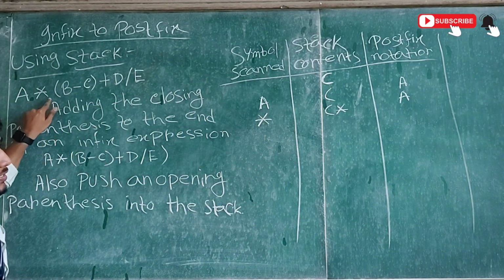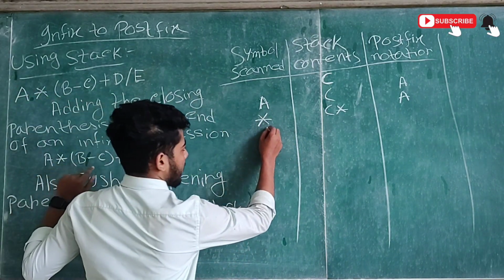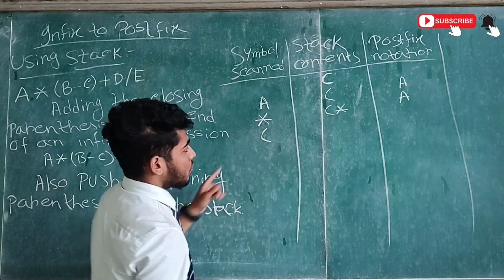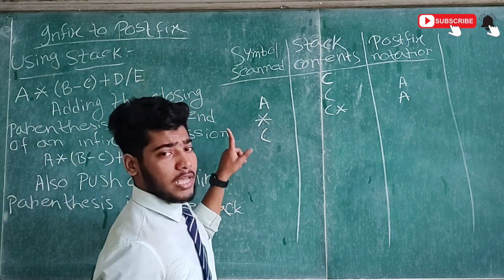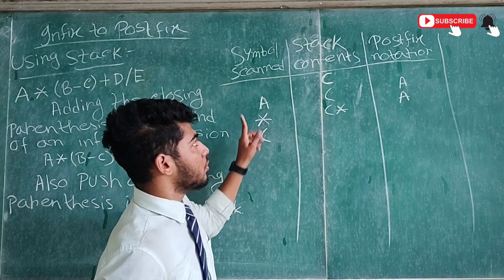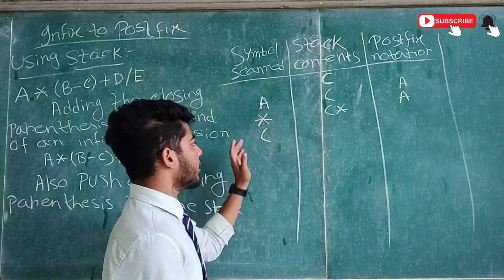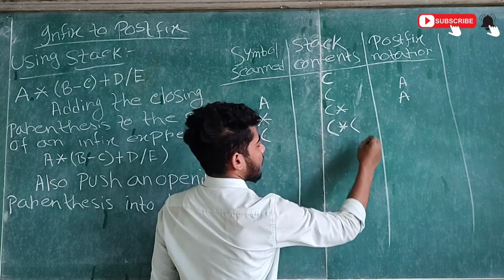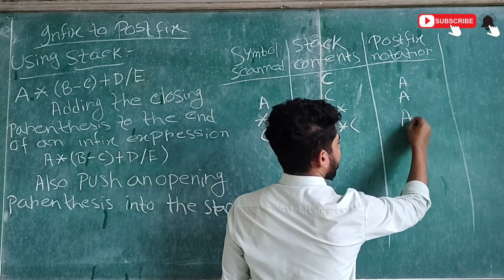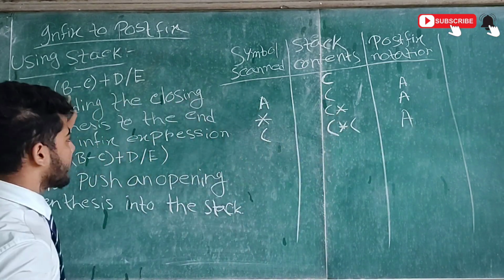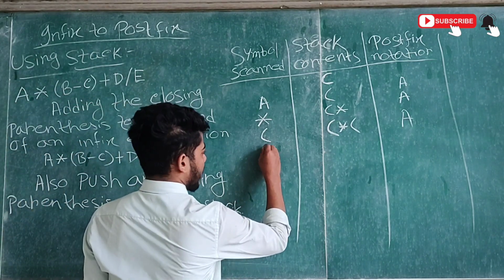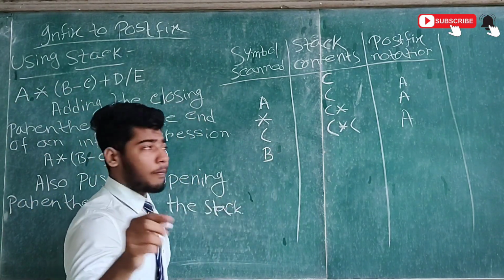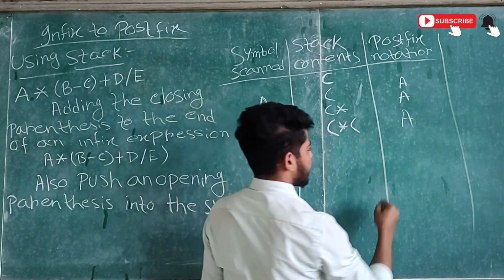Now next is the left parenthesis. If the symbol is a left parenthesis, then push it to the stack. Next symbol is B. B is an operand, so directly add it to the postfix expression.